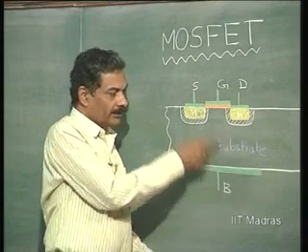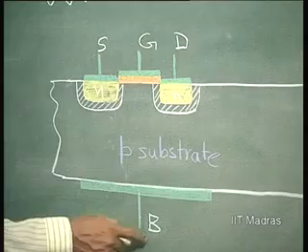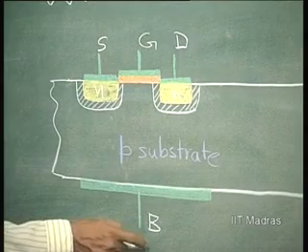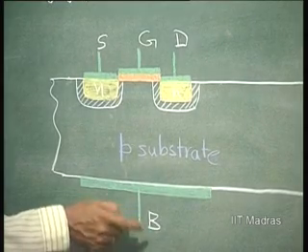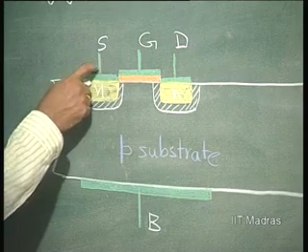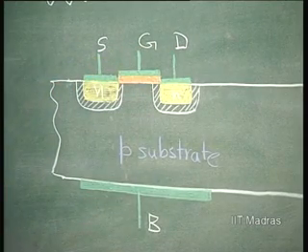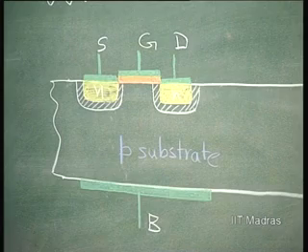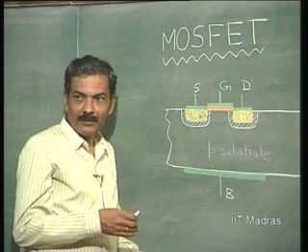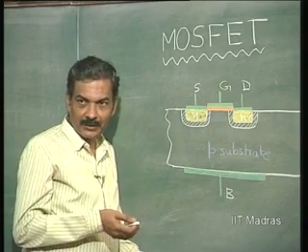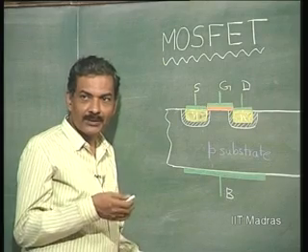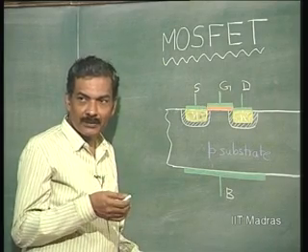Now, in this particular case the substrate is also called the body, that is why we call it B. This is the body, this is the source, this is the gate, and this is the drain. As I told you, for biasing this, to make these devices come into the active region, we need supply voltages, and we would like to make use of the minimum number of supply voltages.